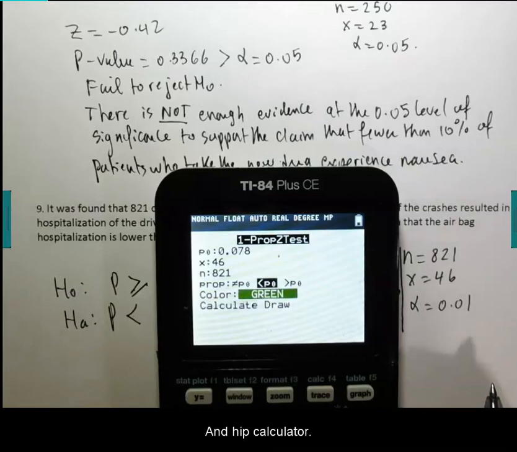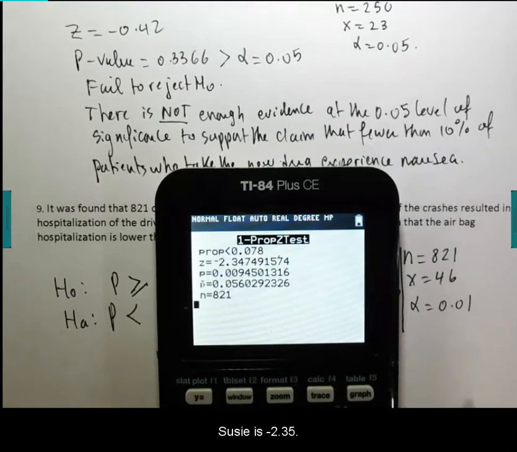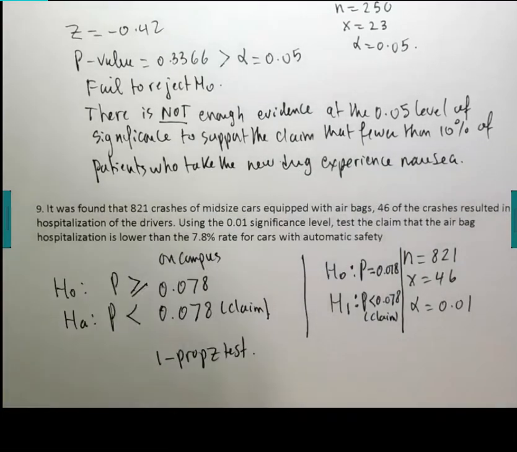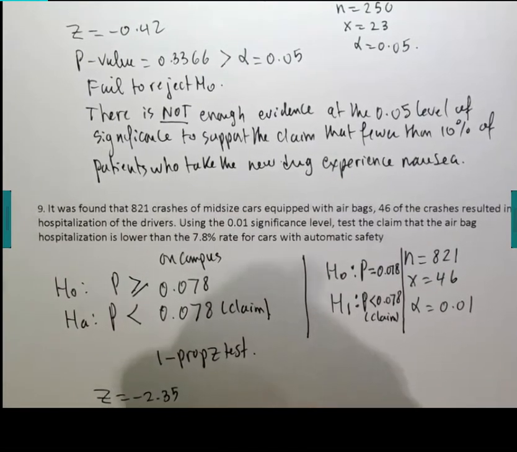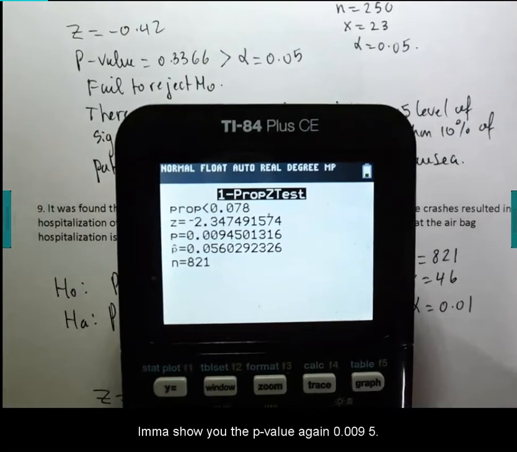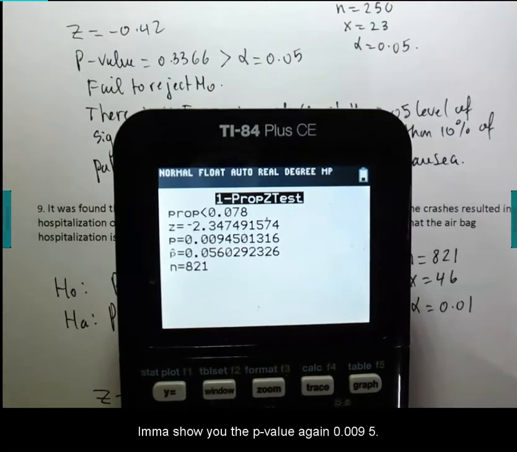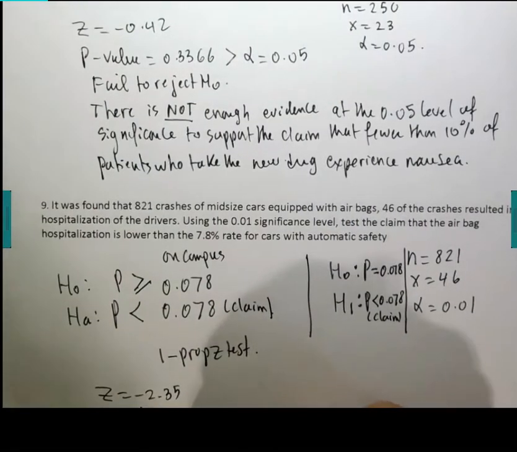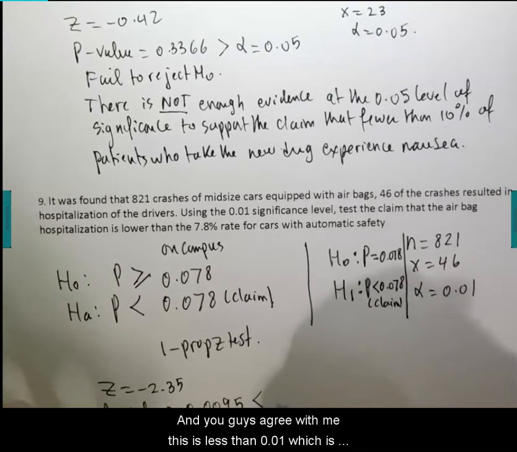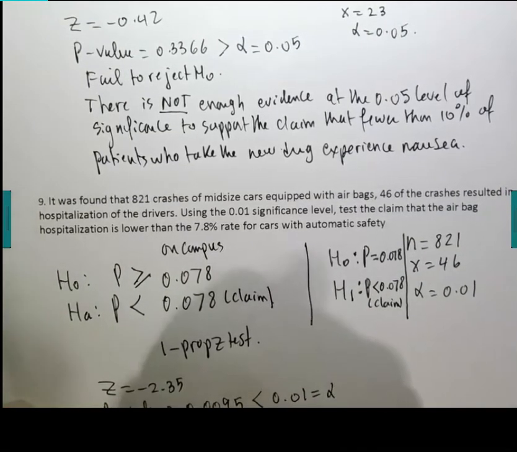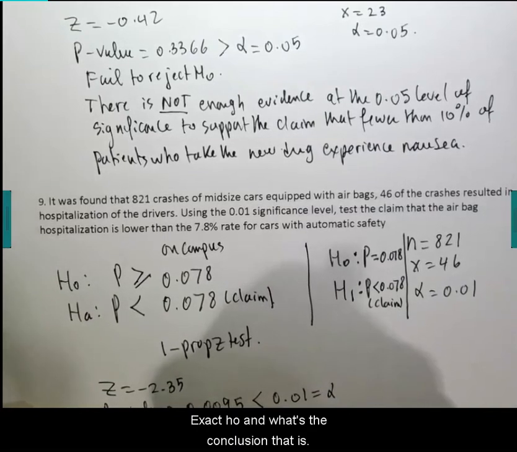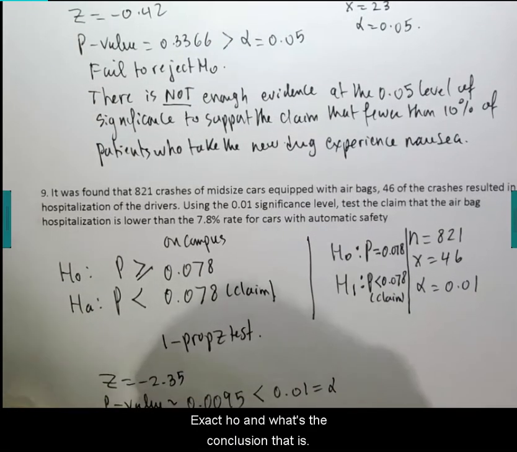And hit calculate. So z is negative 2.35. And the p-value is, let me show you the p-value again, 0.0095. And you guys agree with me this is less than 0.01, which is alpha. So what's the decision? Reject H0. And what's the conclusion?